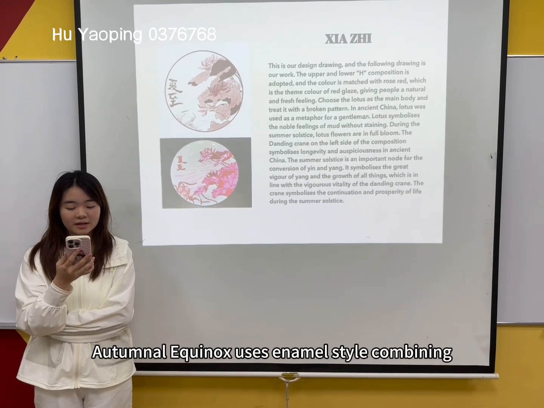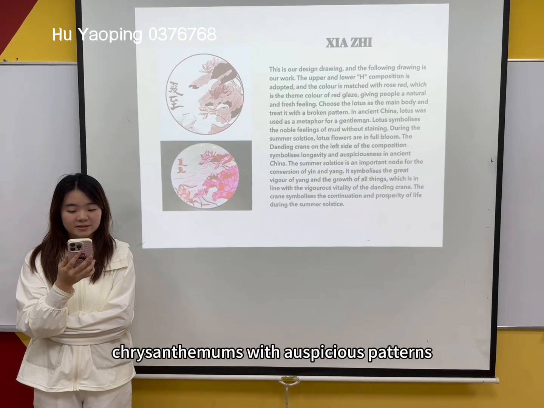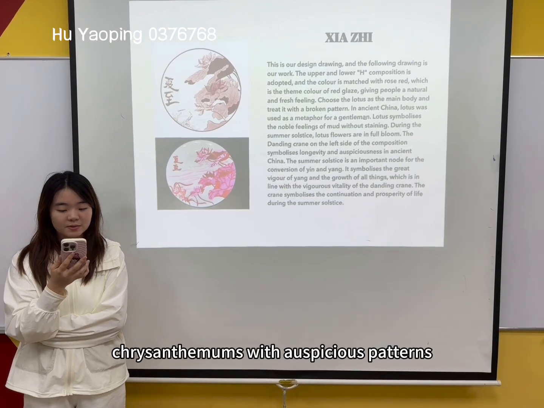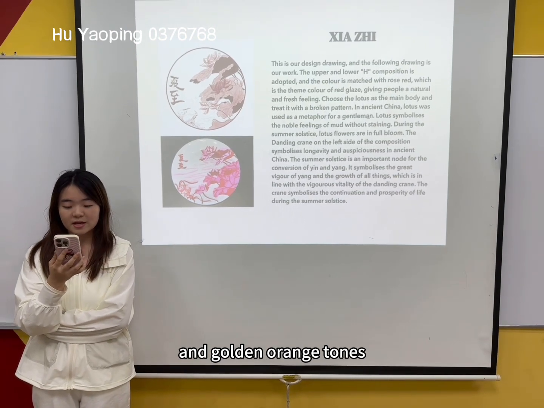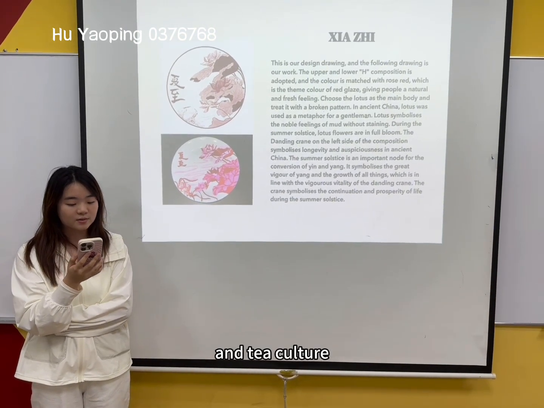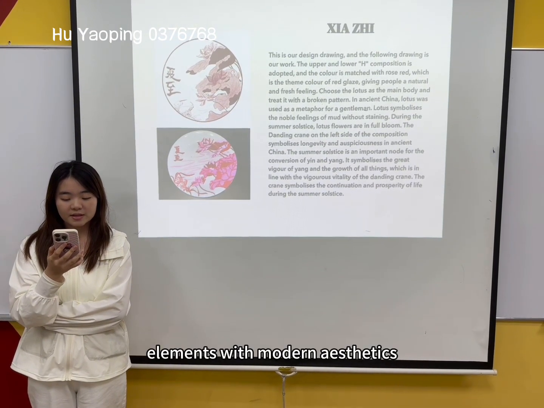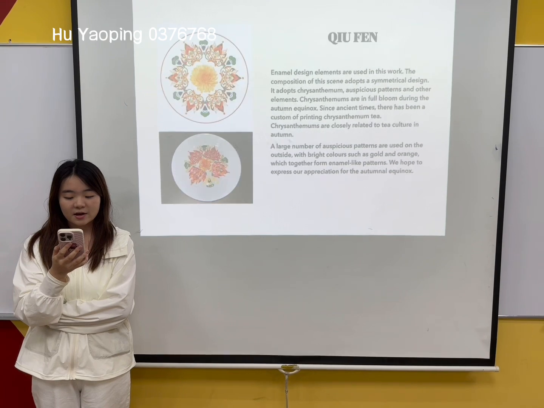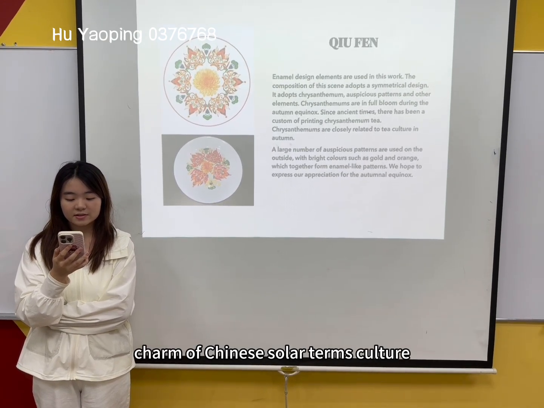Autumnal equinox uses enamel style combining cherry blossoms with special patterns and orange tones to express the connection between autumn harvest and tea culture. These three designs combine traditional elements with modern accessories, hoping to show the unique culture of Chinese solar terms.